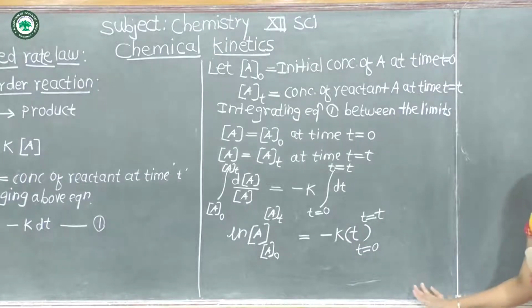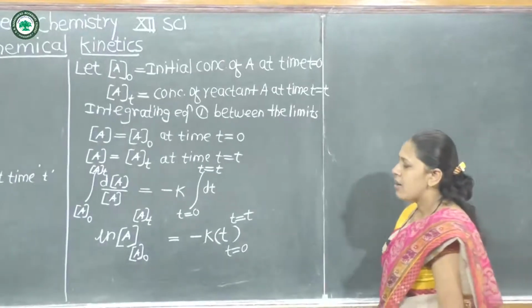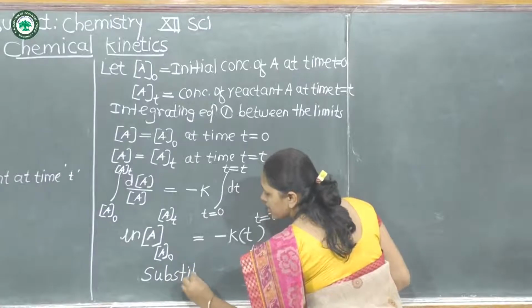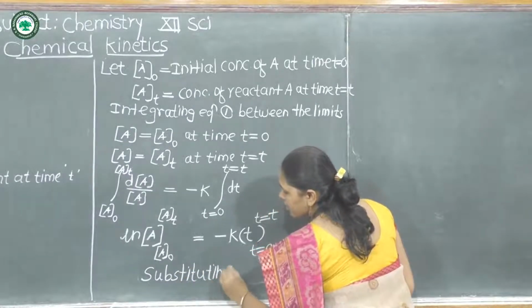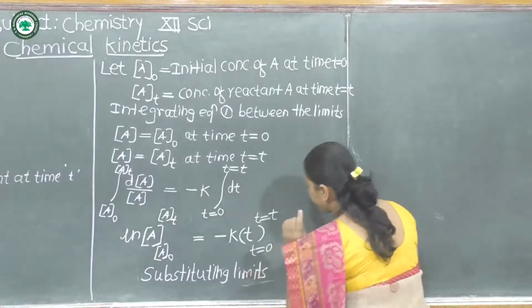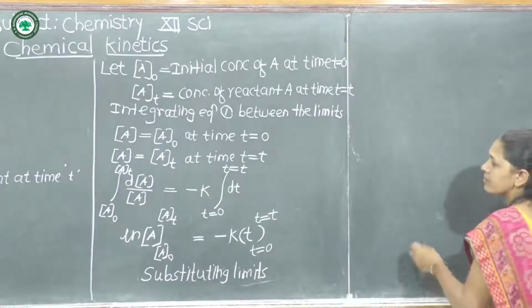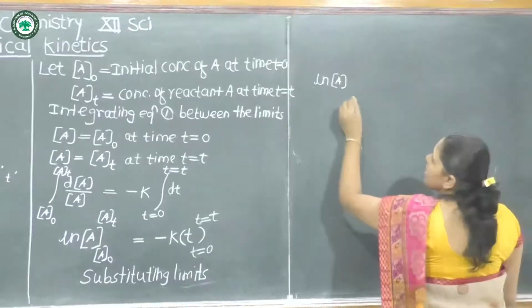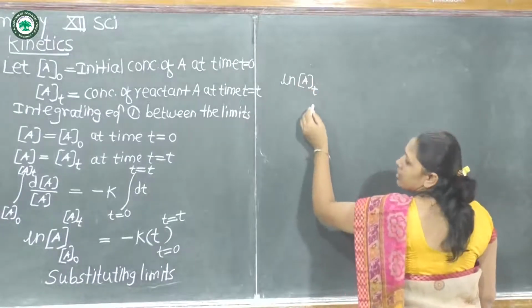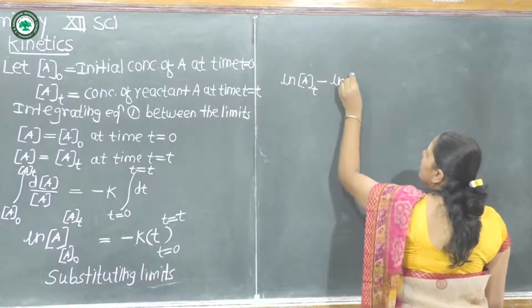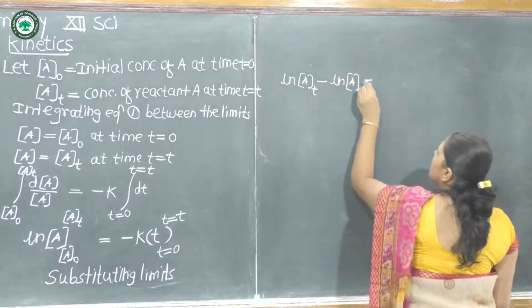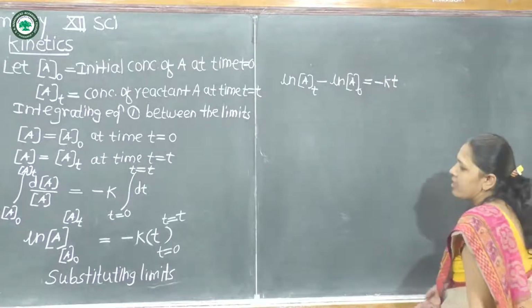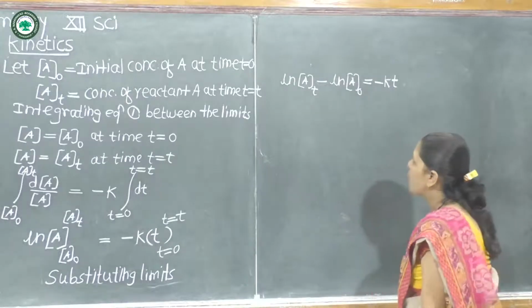Then substituting the limits, upper limit minus lower limit: ln of At minus ln of A0 is equal to minus K into t, because the lower limit is 0.